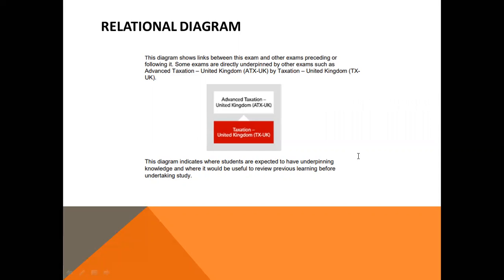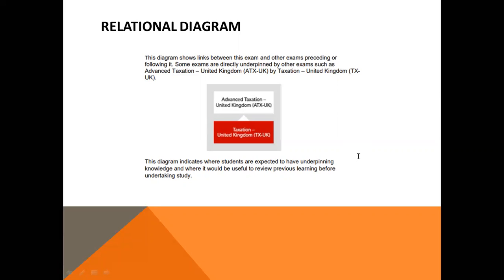So, being a tax consultant, you have to know all the rules, plus you have to explain the rules, plus you have to plan the tax. So, ATX is not like F6. ATX is very advanced, and you have to focus and improve your writing skills.